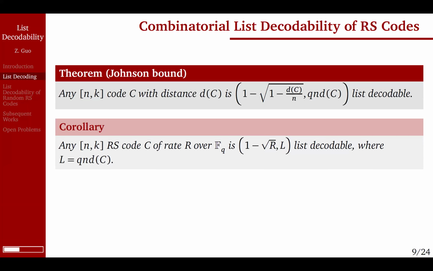So for any code with large distance, the Johnson bound gives you a lower bound on the radius. For the Reed-Solomon code, you get 1 minus square root of R.